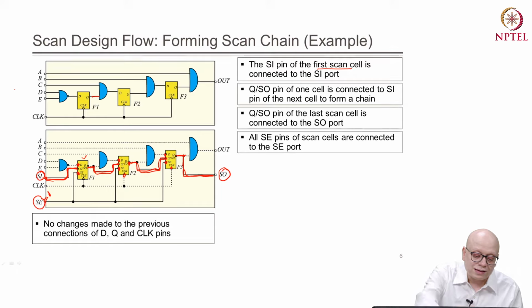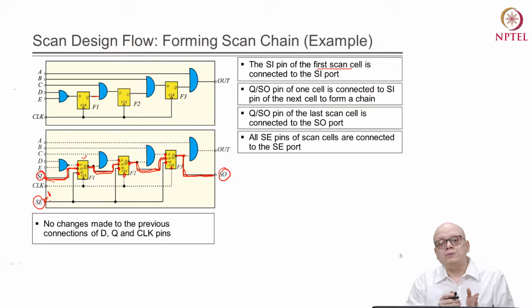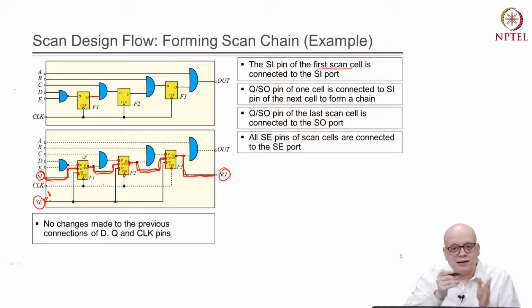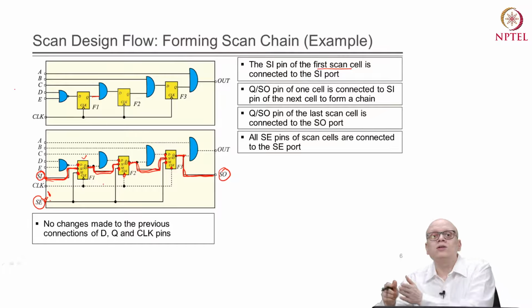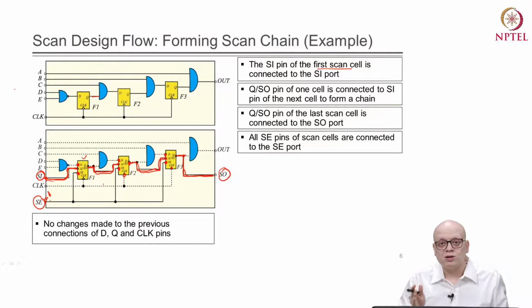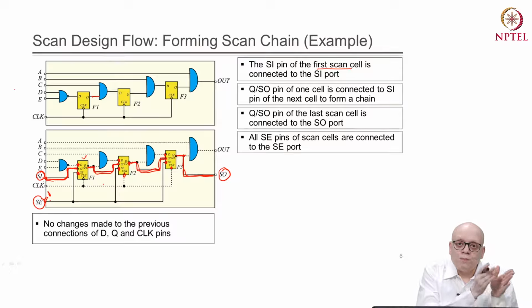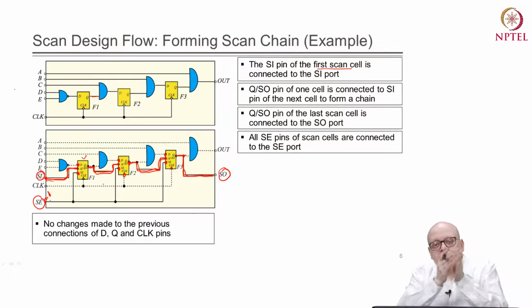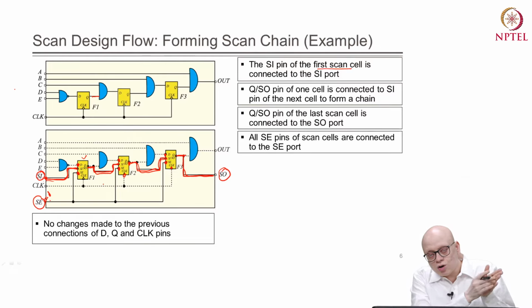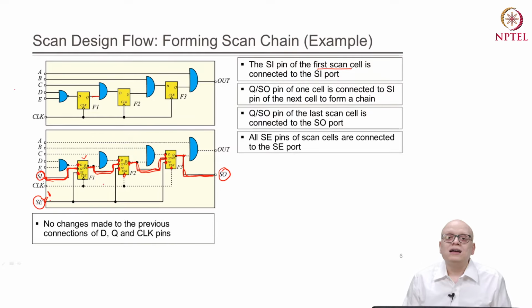Now, whenever this scan enable port is equal to 1, whatever value we put at the SI port will be captured by the next flip flop and the next flip flop and so on in different clock cycles. So, as the new clock edges come, the data from the input SI port gets transferred through this scan chain all the way up to the SO port, right.